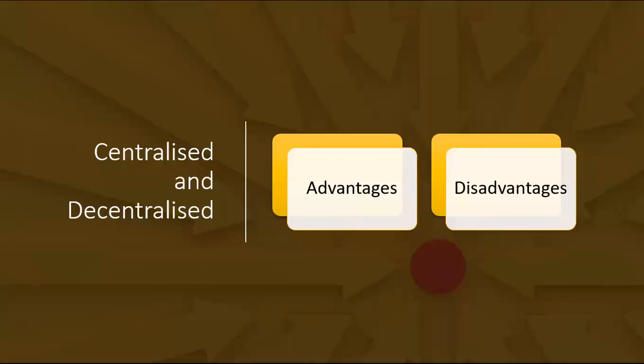In chapter 3, there's a very commonly met topic on centralized and decentralized structure. This type of question is extremely common both in the previous qualification and in the current qualification.